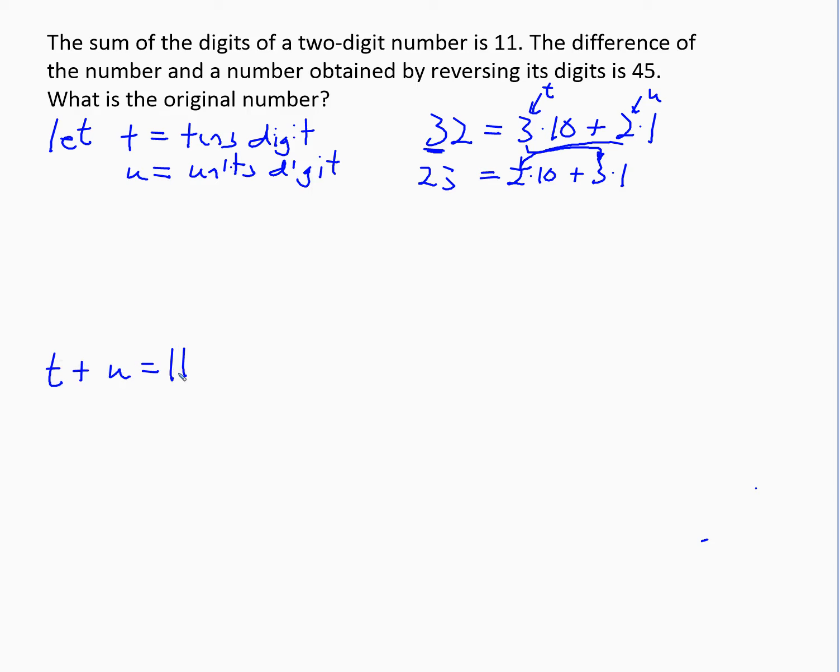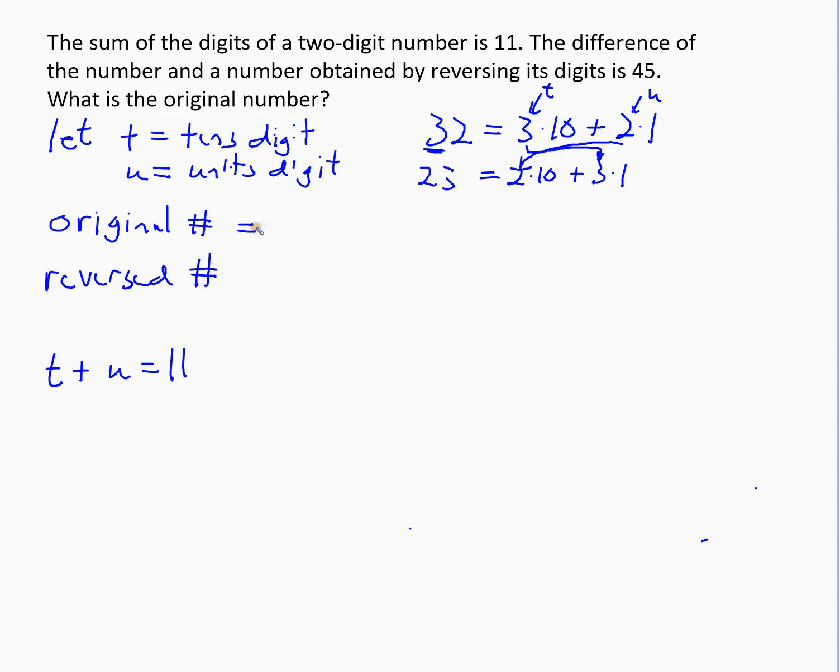It then says the difference of the number and the number obtained by reversing its digits. So let's say our original number, and we're going to come out with an expression for that and our reversed number.